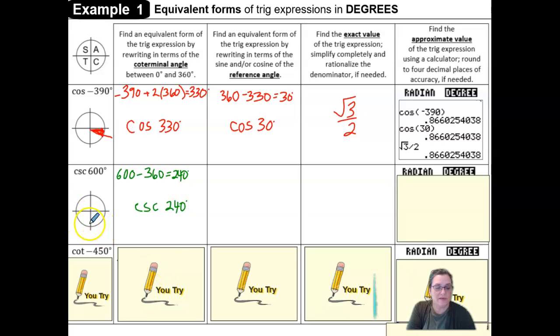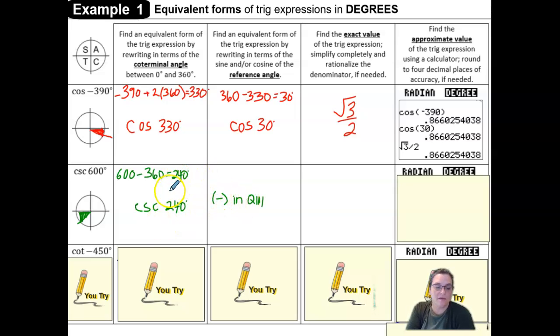Okay, 240 is between 180 and 270, so that puts the angle's terminal side in quadrant 3, and the cosecant is negative in quadrant 3. So we're just going to jot down a reminder here that we are negative in quadrant 3. And that's important to know because we're going to rewrite cosecant of 240 in terms of the sine or cosine of its reference angle.